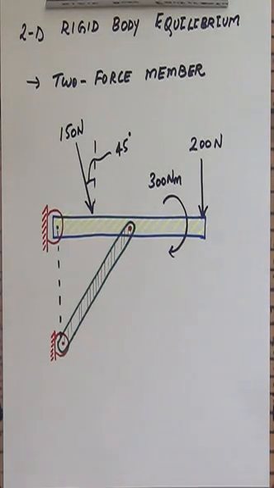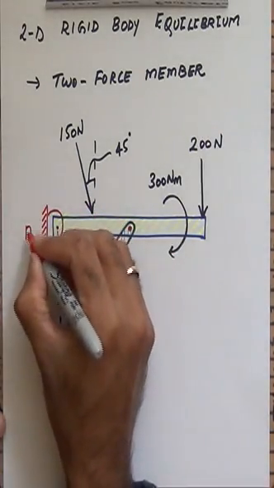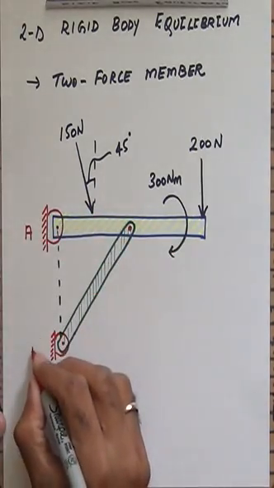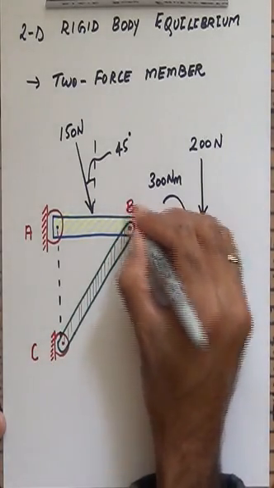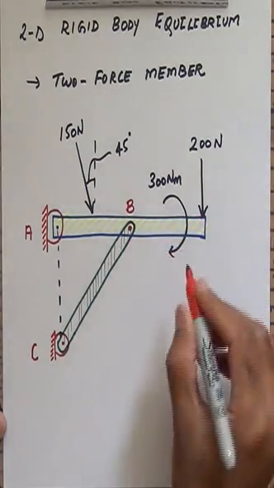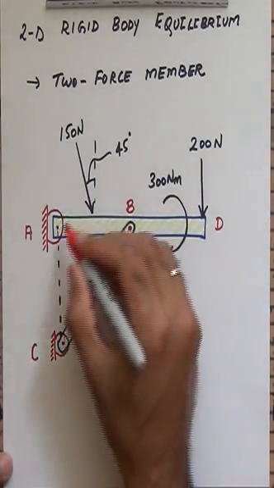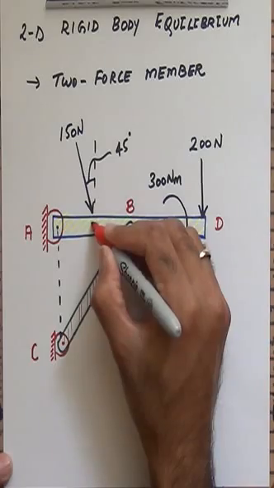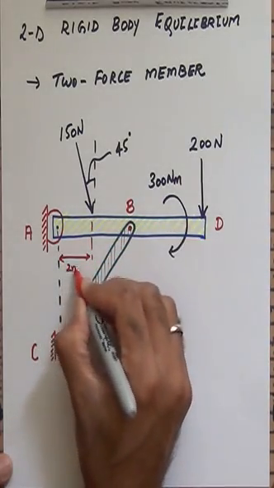Then we have some dimensions for this problem. Dimensions are going to be marked as follows. So first of all, this is the point A. This we're going to call as C. Here is B, where the two bodies are pinned together, and then this is D. Alright, so the dimension all the way from point A to where this force is acting is 2 meters.